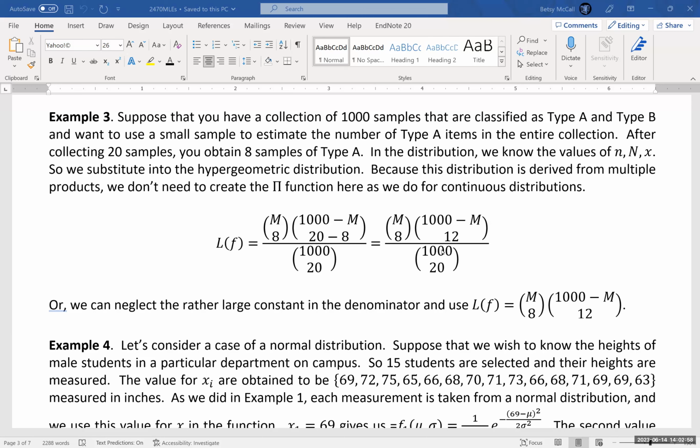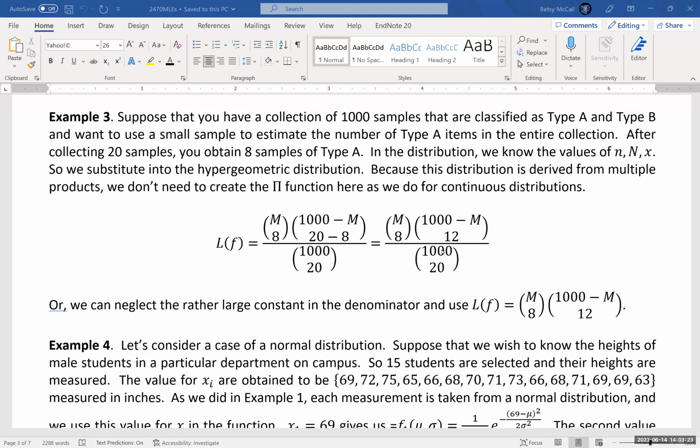This is the maximum likelihood function, because again, remember, the hypergeometric distribution is defined initially by a collection of events. It is not like the exponential distribution, the time between this event and the next one. This is I've taken something out, and I've taken something else out, and I've taken something else.